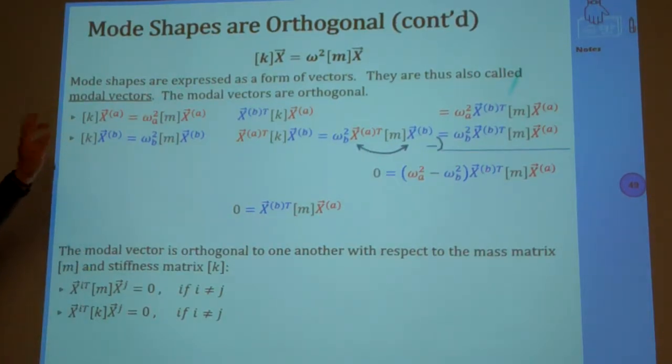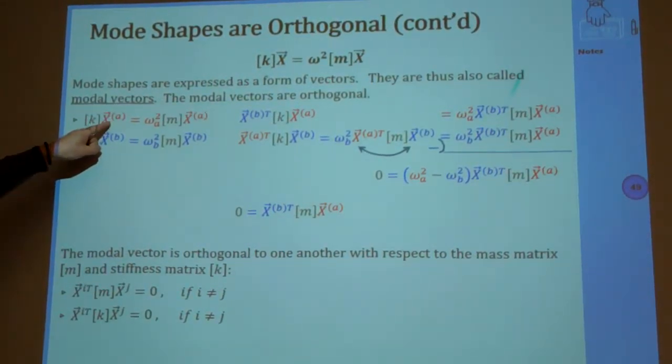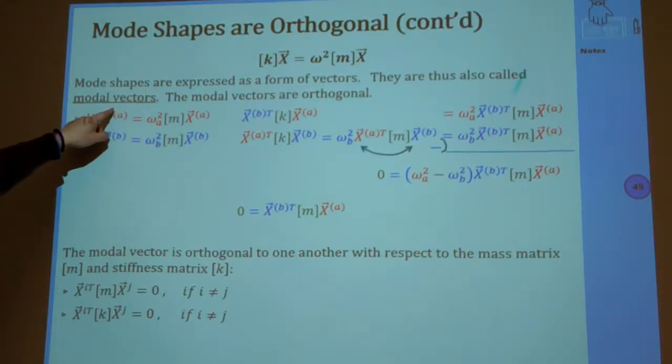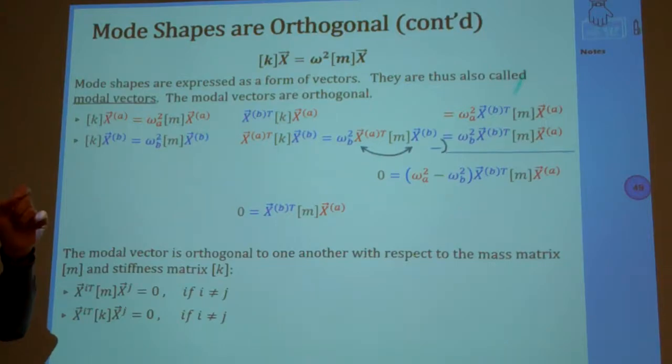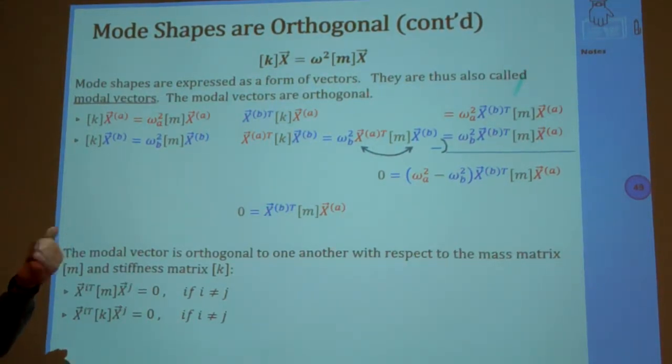For example, look at here. If you still remember our notation, this superscript with parentheses indicates the modal vector, say the first mode or second mode.